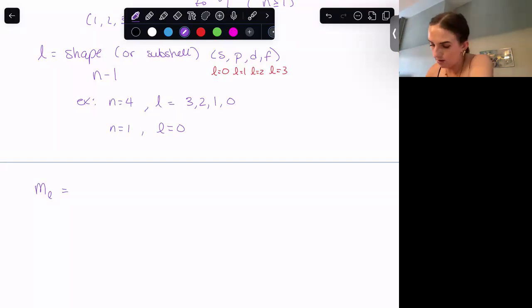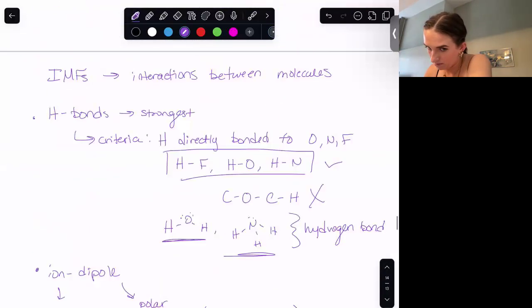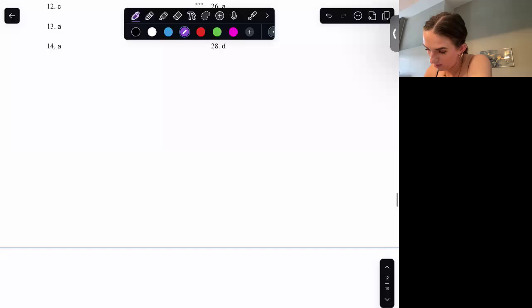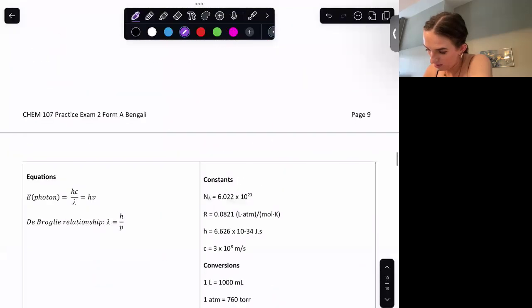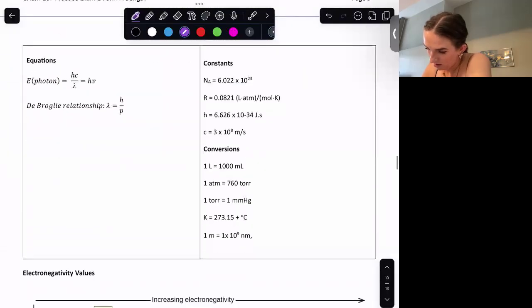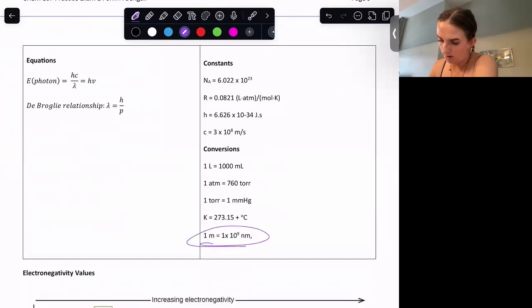And I think you do get nanometers here, 1 meter to nanometers, which should be helpful for wavelength.